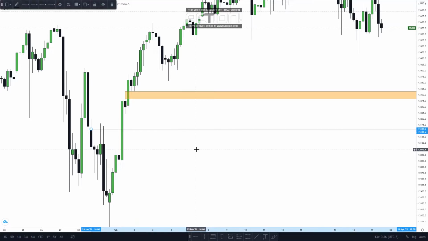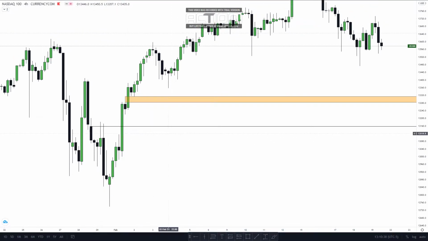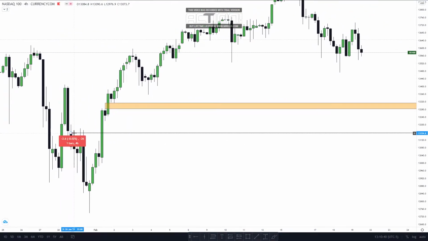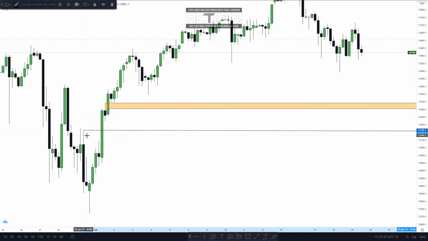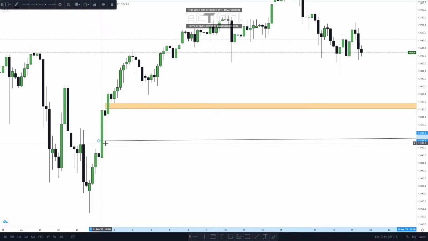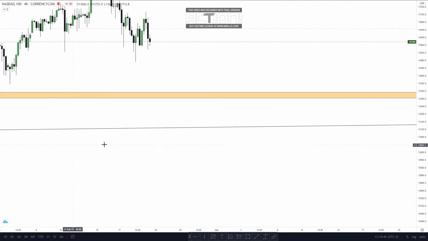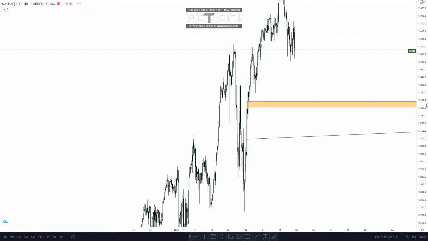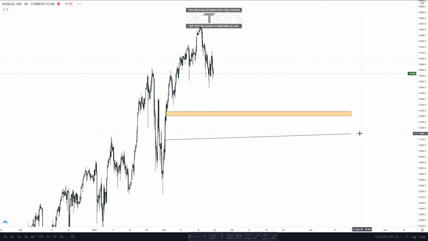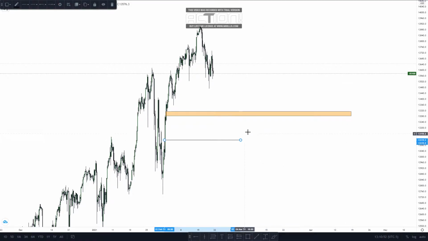Okay, let's just see how we can make this nice. So this is, yeah, that's the daily down close candle. Let's just define that quickly or redefine it. Make this straight.